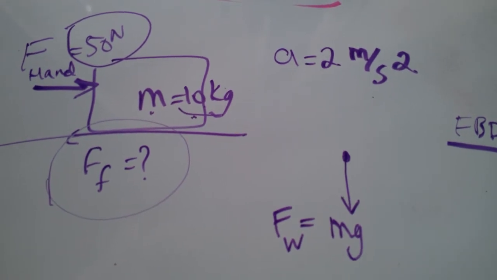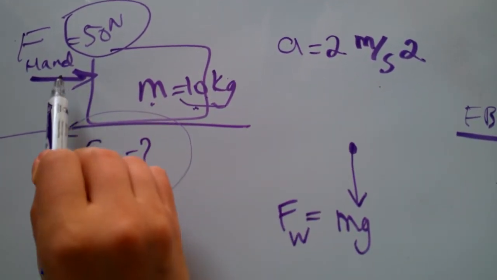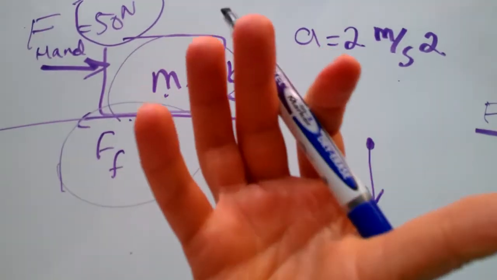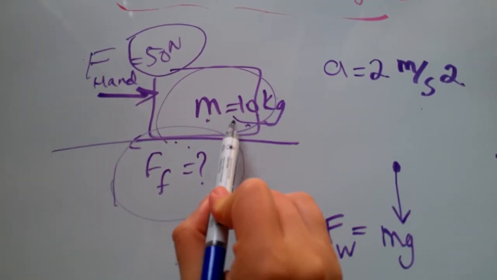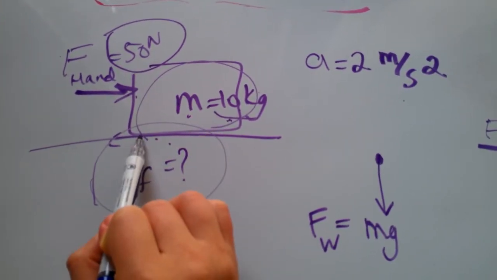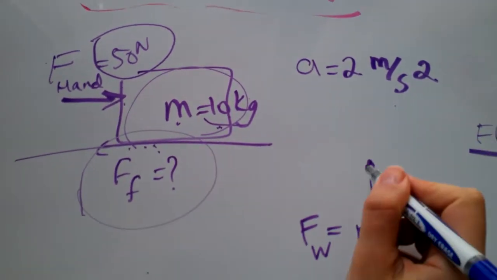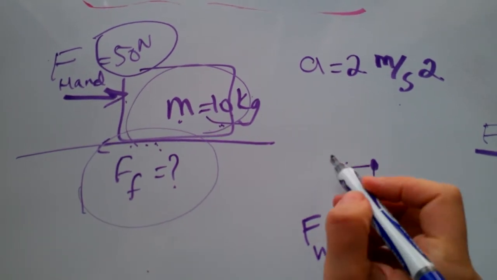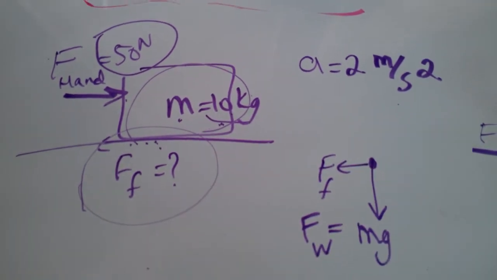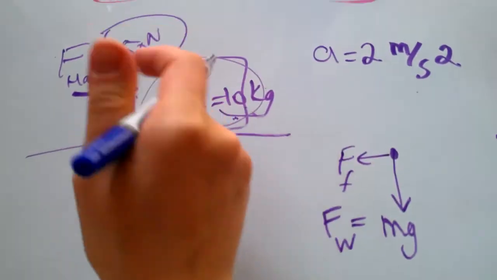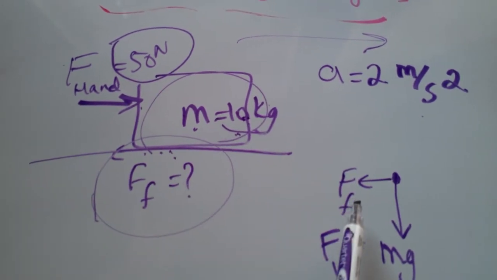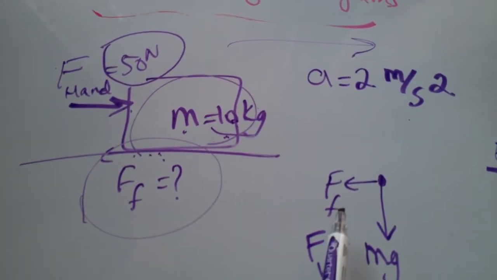Thirdly, draw all and only forces that are in direct contact with your object. If you isolate, like if you zoom into this object, there is my hand pushing it and also the floor. Floor gives frictional force in the opposite direction to the motion, because when I'm pushing it this way, this box moves that way. So frictional force is the opposite direction.